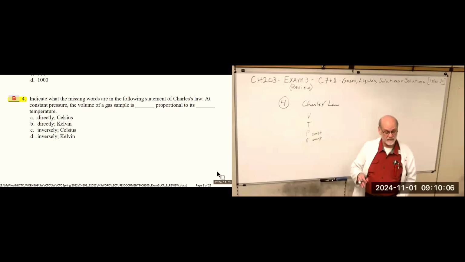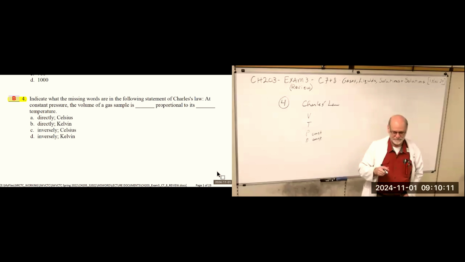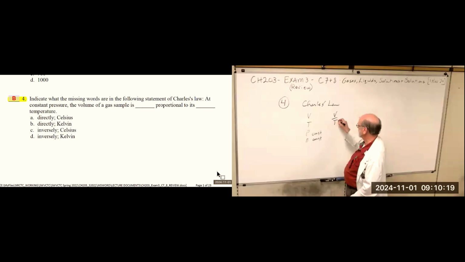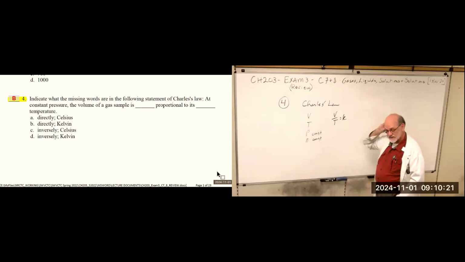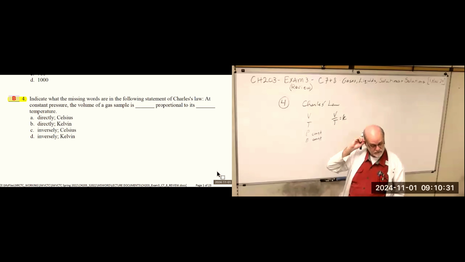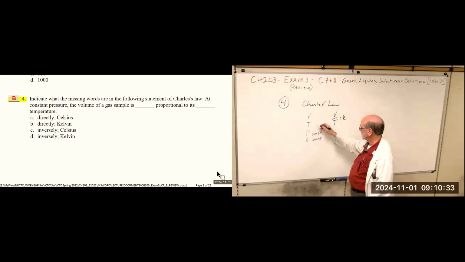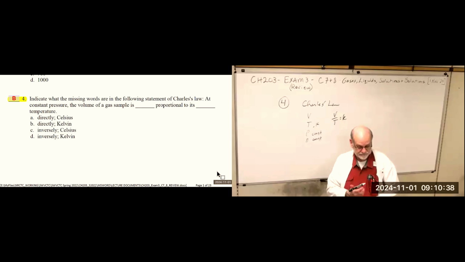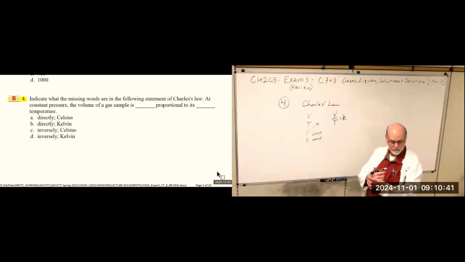If you increase the temperature, what's going to happen to the volume? Everybody, wakey, wakey. Anybody out there? That's the simplest expression of Charles' law. So how does that fit here? Let's see. At constant pressure, the volume of a gas sample is directly proportional to its temperature in Kelvin. So that would be B. Okay.